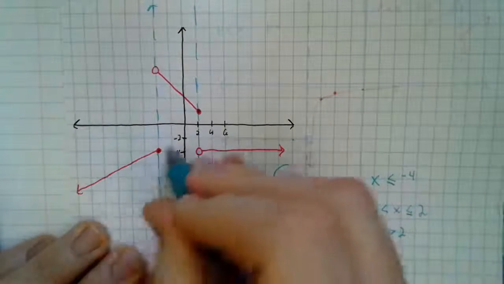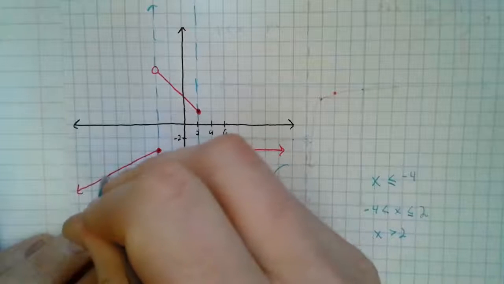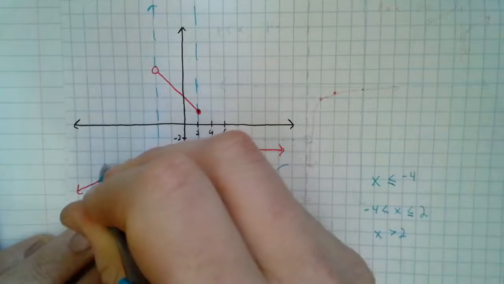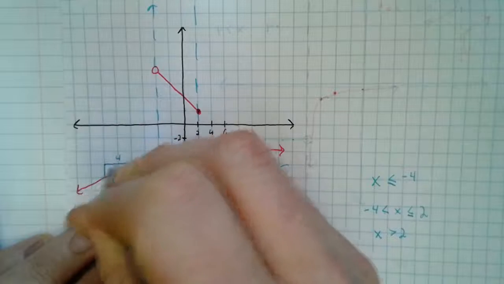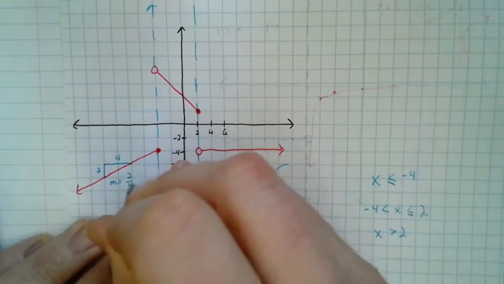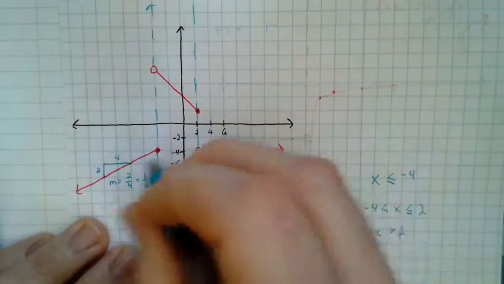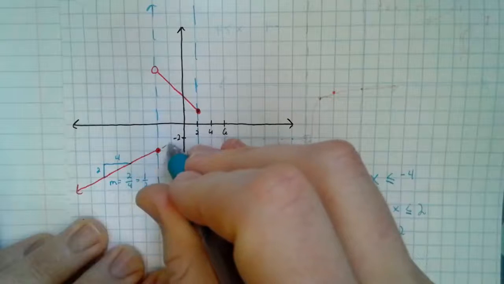Now this one over here might be a little bit more challenging, right? We can go ahead and figure out the slope. We can see that if I go up 2, I'm going over 4, right? So my slope is going to equal 2 over 4, better known as 1/2. Now this line doesn't touch the y-axis, but we have to pretend it keeps going.